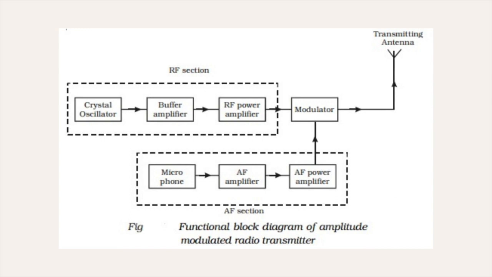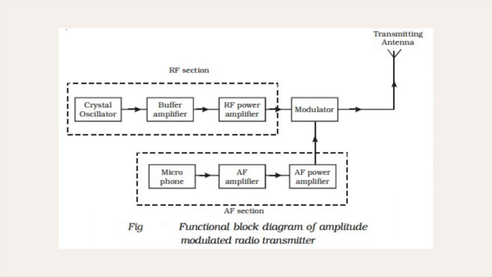The buffer isolates the RF power amplifier from the oscillator, and this arrangement keeps the frequency of the crystal controlled oscillator constant. In the modulator, the RF wave and the modulating AF signal are mixed to produce the amplitude modulated wave, and the output of this section is fed to the antenna for transmission. Thus, the whole process of the amplitude modulated radio transmitter is complete.